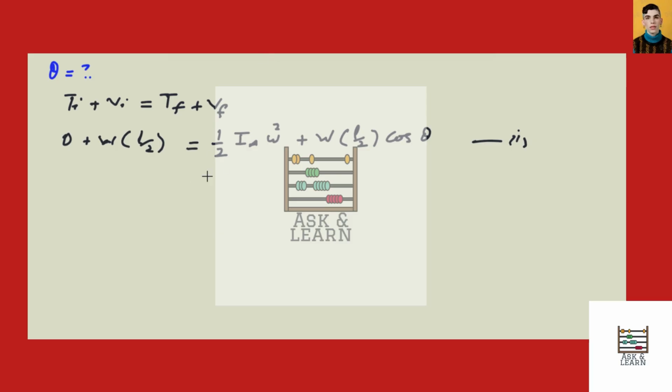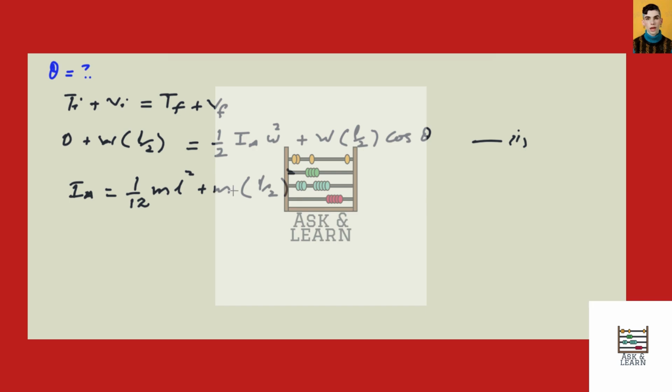Now let's calculate these terms one by one. So first we calculate this Ia, moment of inertia, which can be written as 1 divided by 12 ml square plus m into L by 2 square.